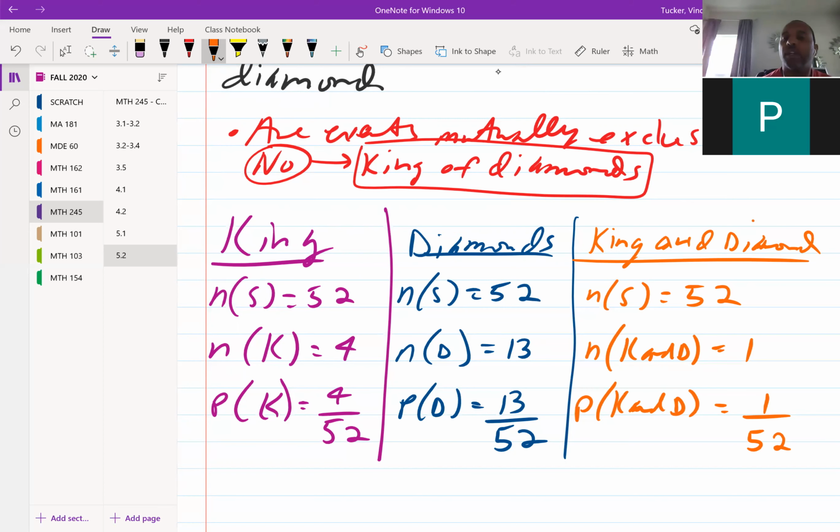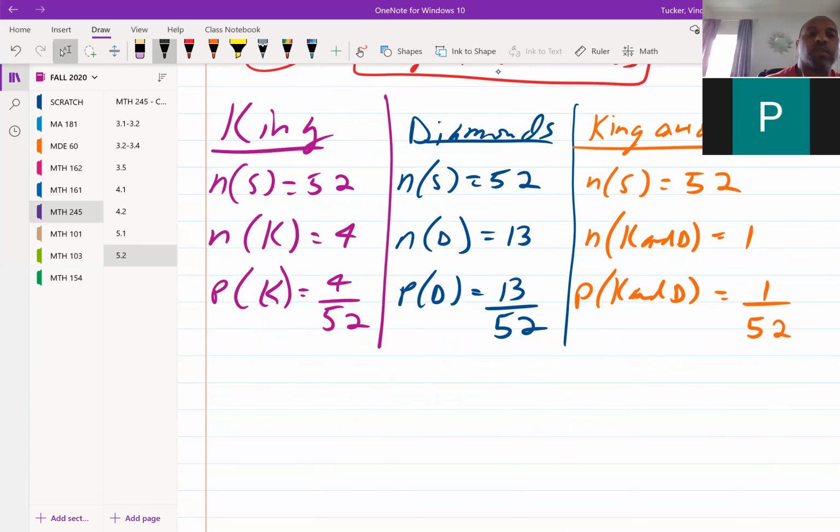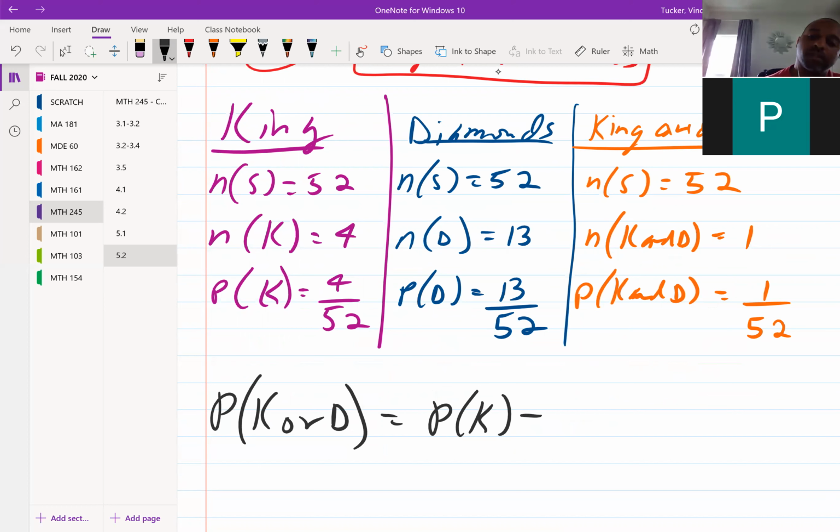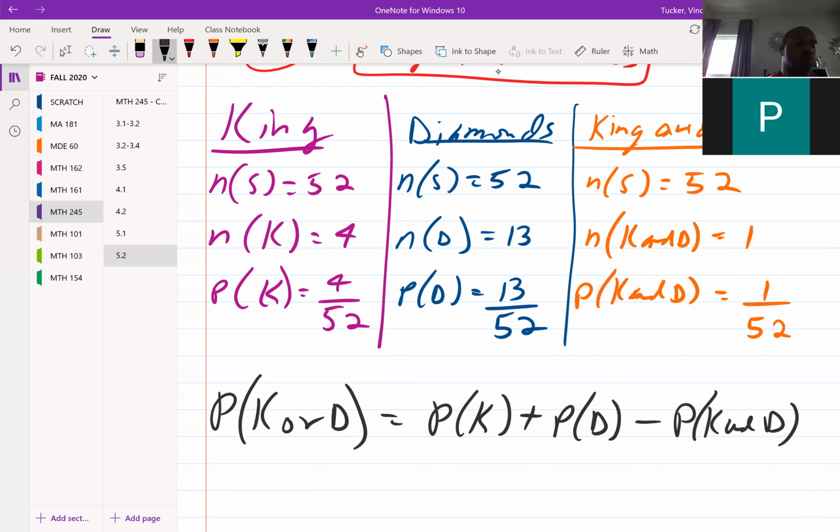That should be fine. Okay, so finishing this off, probability of king or diamond. That's the formula: probability of king plus probability of diamond minus the probability of king and diamond.